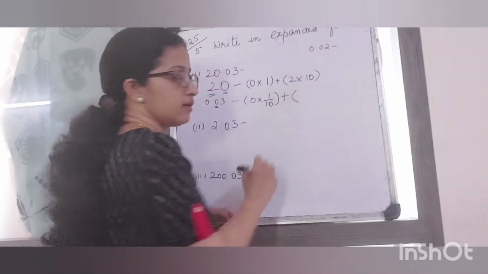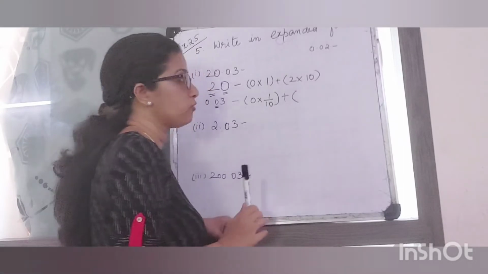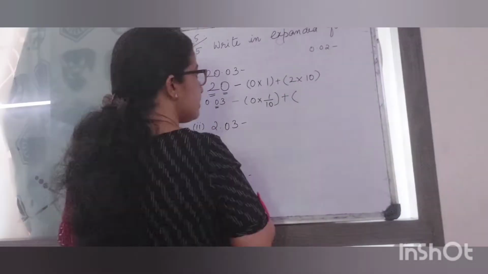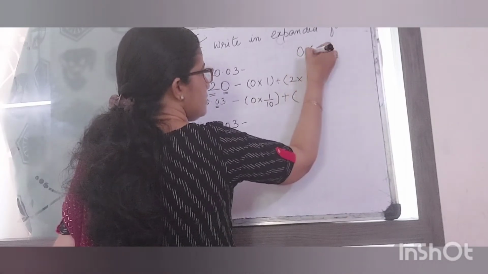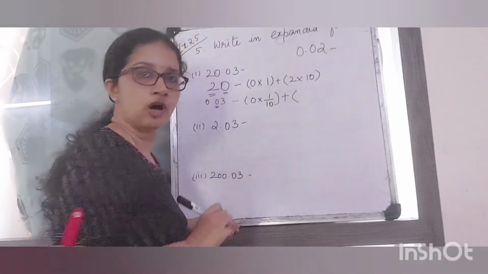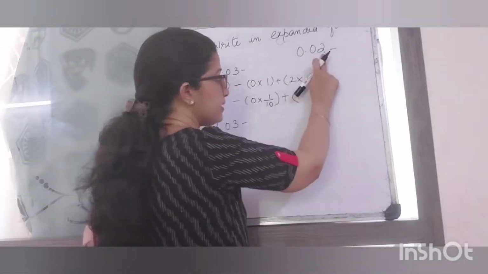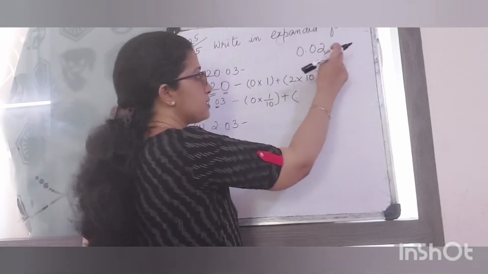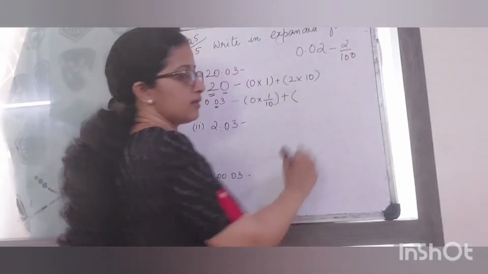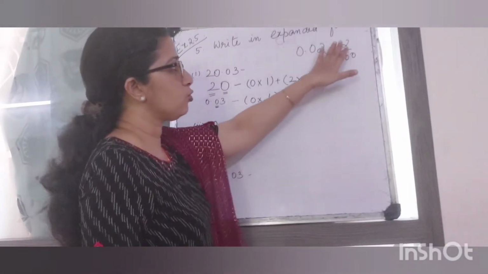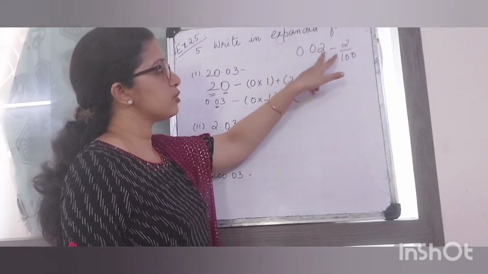0.02. Let's try to expand this number 0.02. I'll write it a little bit bigger. This digit is 2, right? What is the place value of this digit? This can be written as 2 by 100. If we convert 2 by 100 into decimal, we get 0.02.